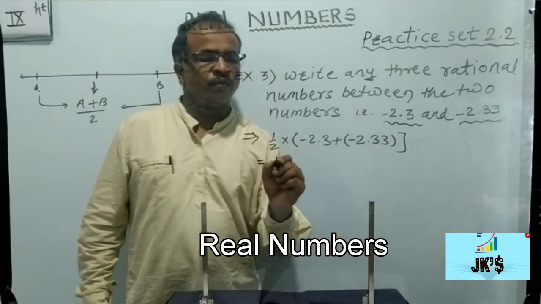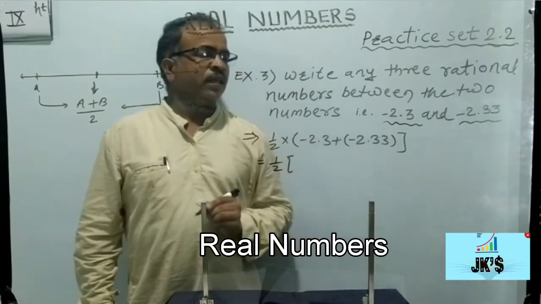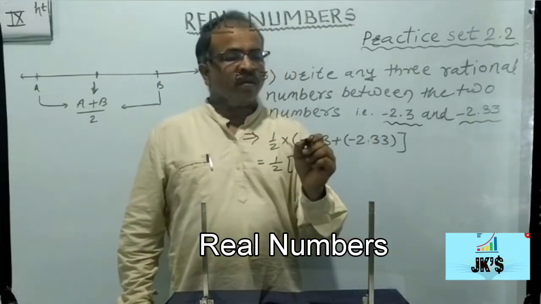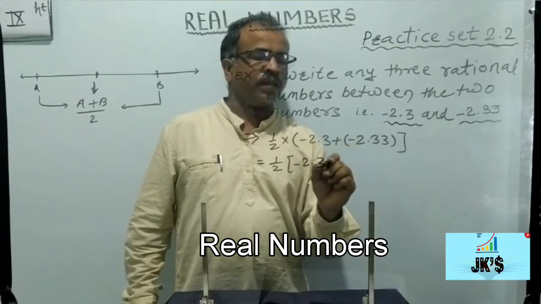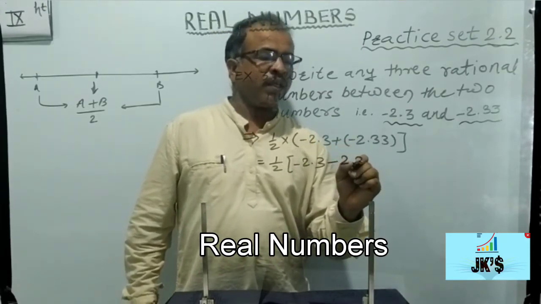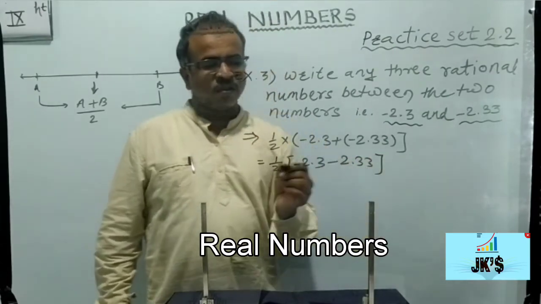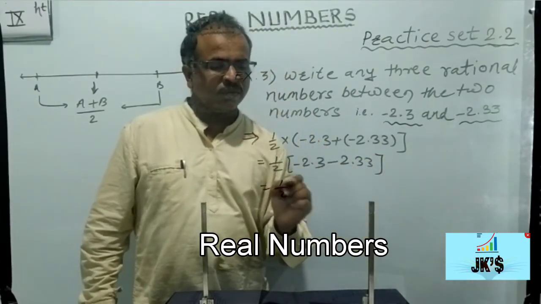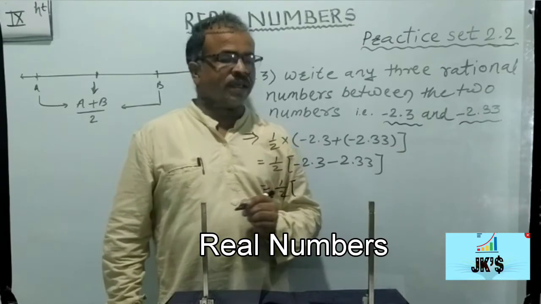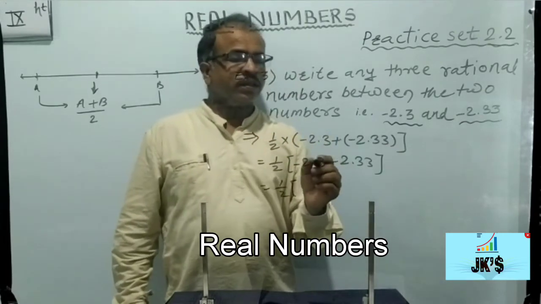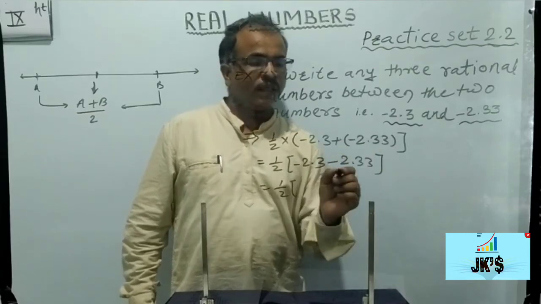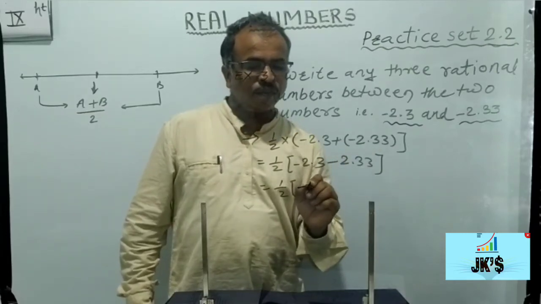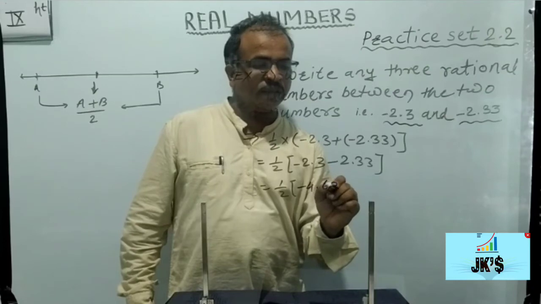They have the same sign, so 1 by 2 into minus 2.3 minus 2.33, the addition is minus 4.63.